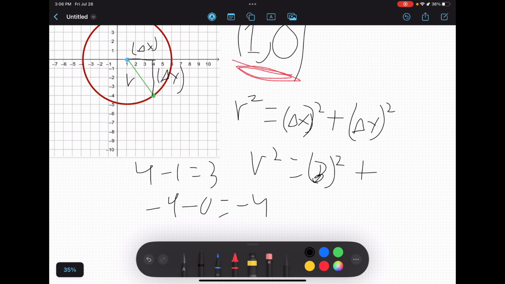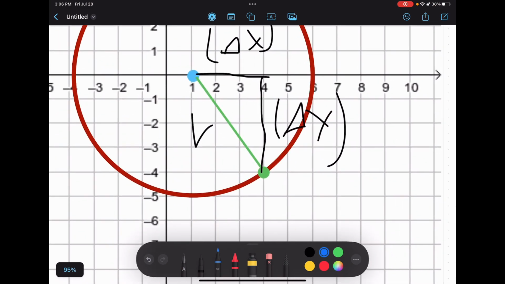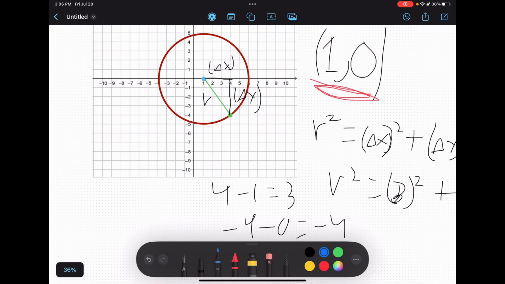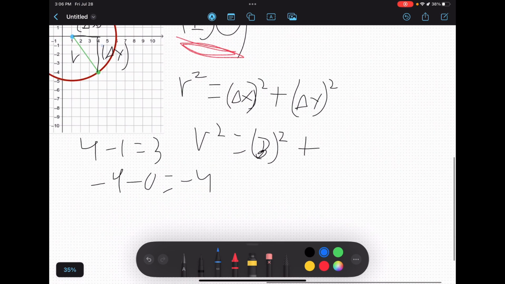We can also find that by counting, if you'd like to do that too. So 1, 2, 3, 4 gives us -4, and we can plug that in over here, which is 4 to the second power.